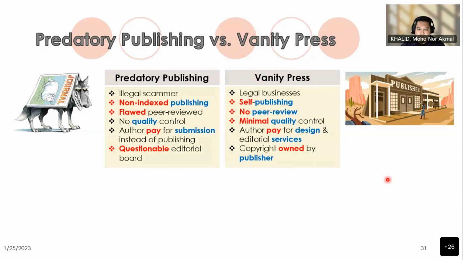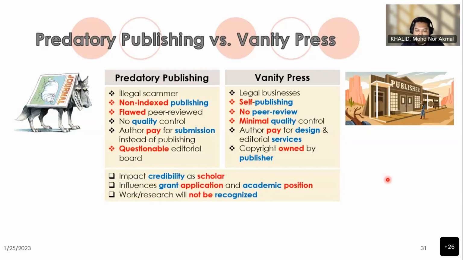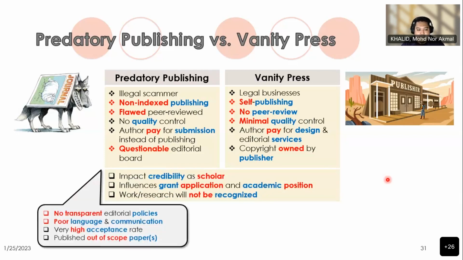So if you really want to do vanity press, it might be good only for things like book publishing or your own personal development program, but not for research papers. Because if you do this, it will impact your credibility as a scholar, and then the research work will not be recognized.